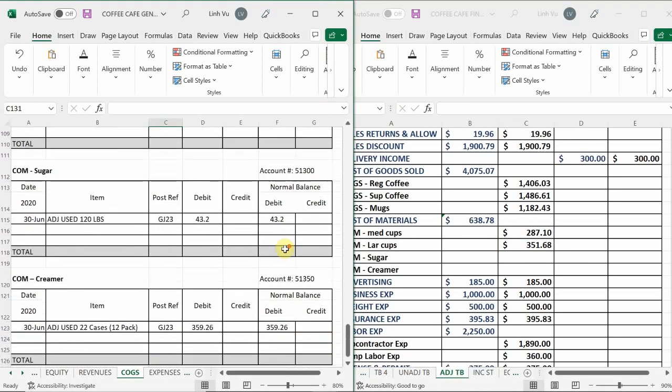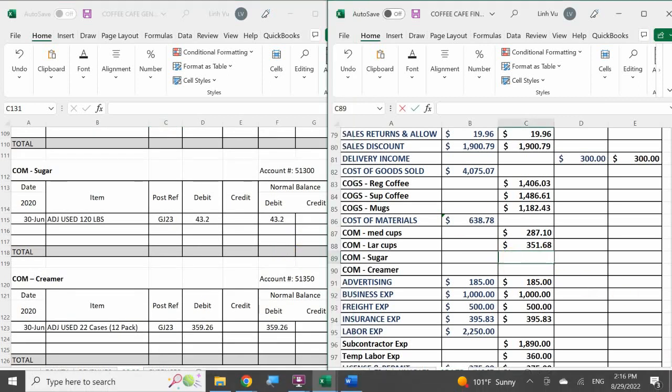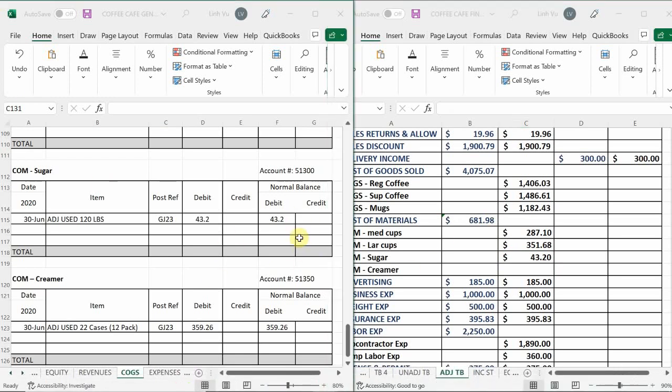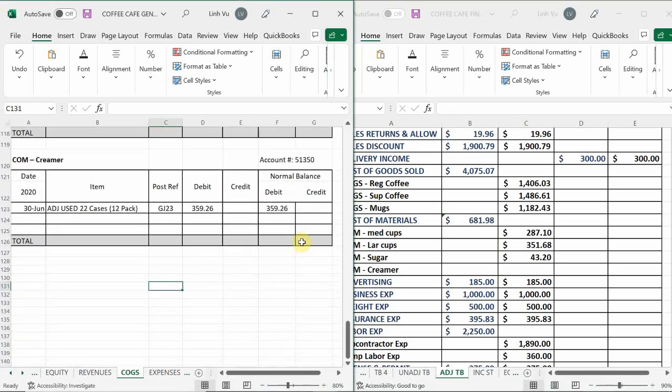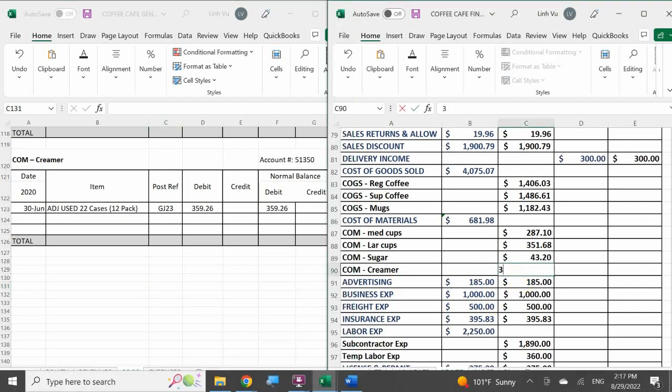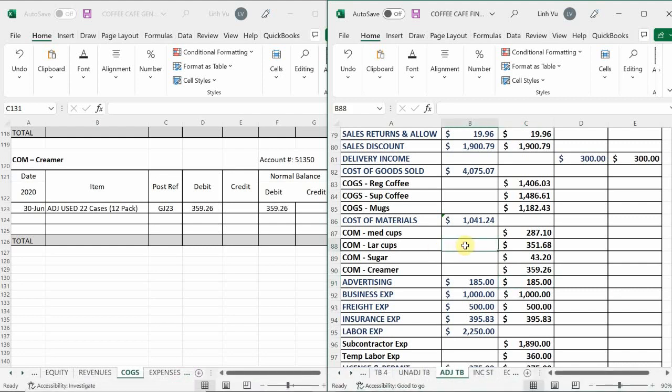And then we also have one for the sugar for $43.20. And then last but not least, we also have one for the coffee creamer for $359.26. Okay, giving me a grand total of cost of materials to be $1,041.24. Okay.